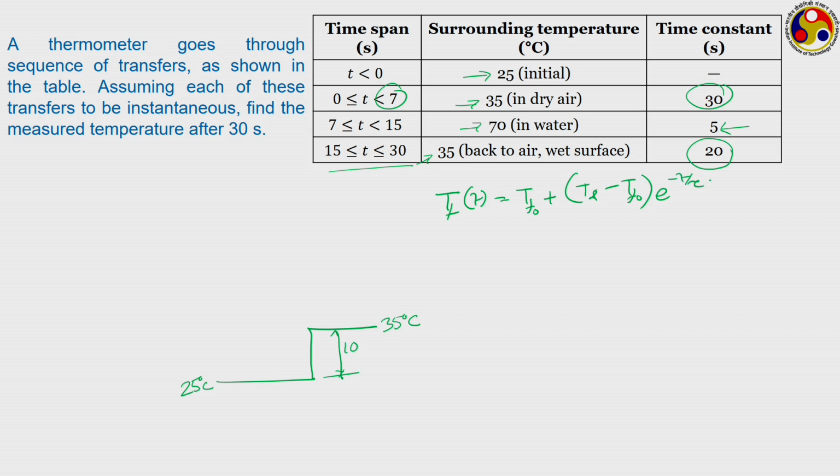So, in the first case Tf 0 is 25 degree, T infinity is 35 degree, or this T infinity minus Tf 0 is 10 degree, and accordingly tau equal to 30, and accordingly we get some profile for this temperature.